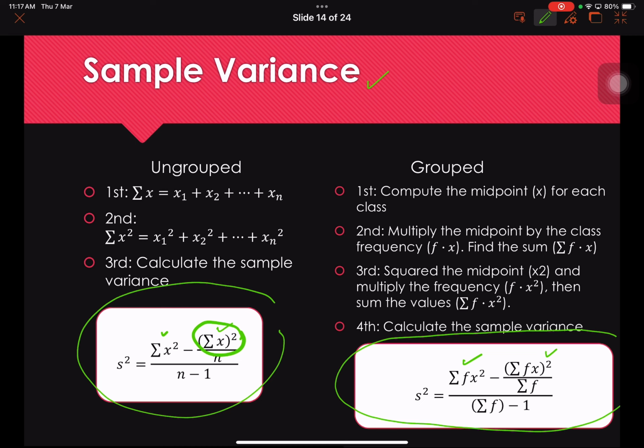You take your frequency f, multiply by x first, total up, then square that total. And divide by the summation of f. What is the summation of f? The total of the frequency. And divide by the summation of f minus 1. And the summation of f should equal n.